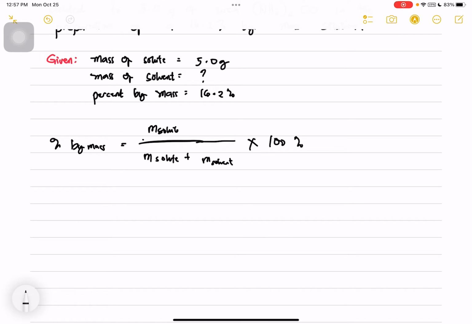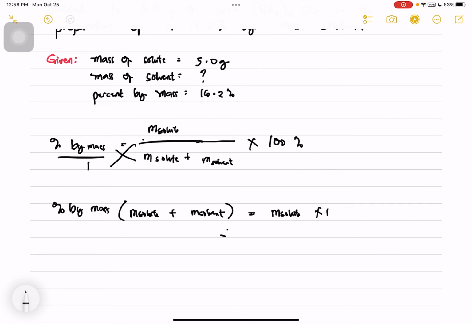Now let's derive this formula. To do that, let's cross multiply the values. So let's multiply percent by mass with the mass of solute plus the mass of solvent. So we will have percent by mass times m solute plus m solvent is equal to the mass of solute times 100%.